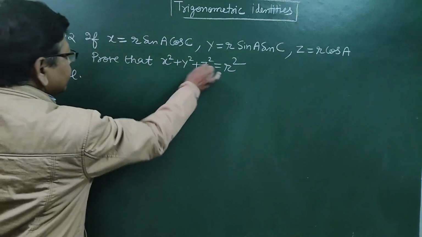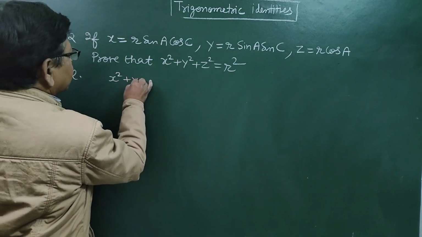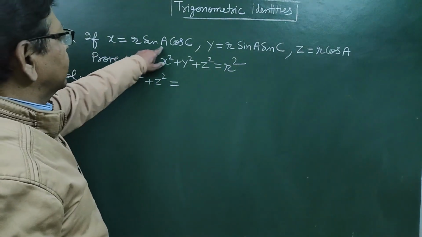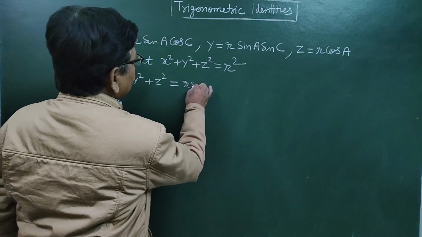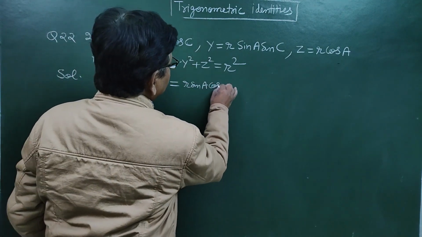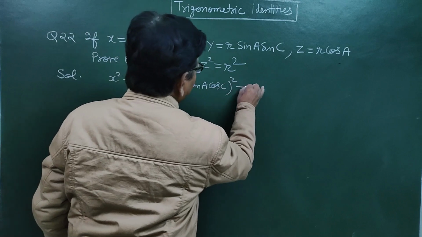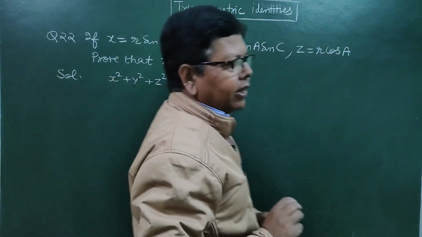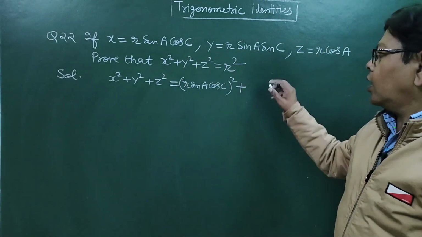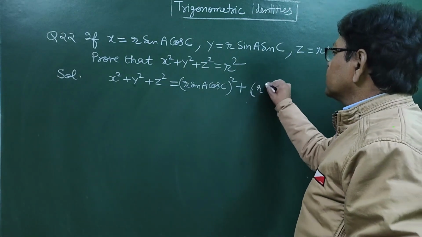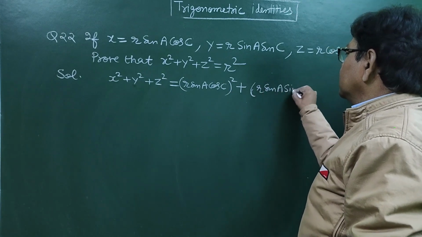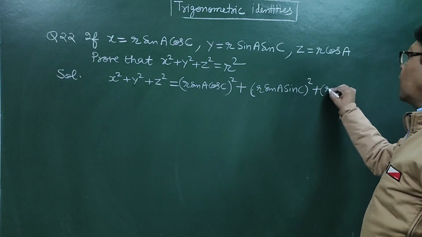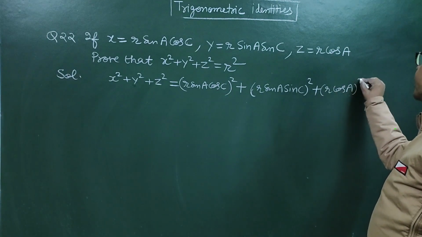So first let us consider x square plus y square plus z square. This is equal to, x is given as r sin a cos c, so (r sin a cos c) square, plus y square means (r sin a sin c) square, plus z square means (r cos a) square.